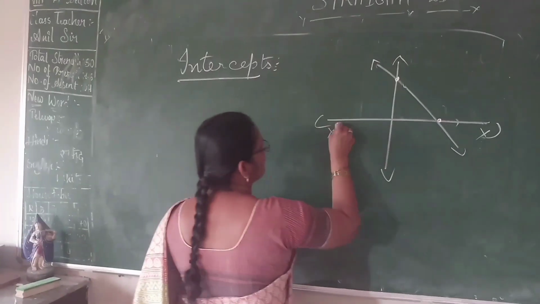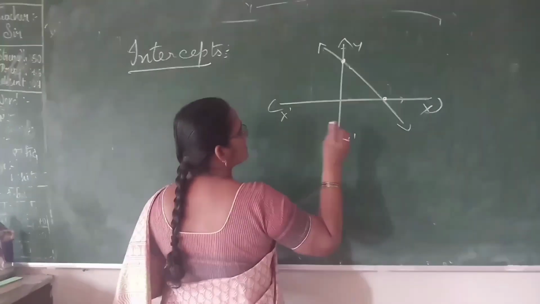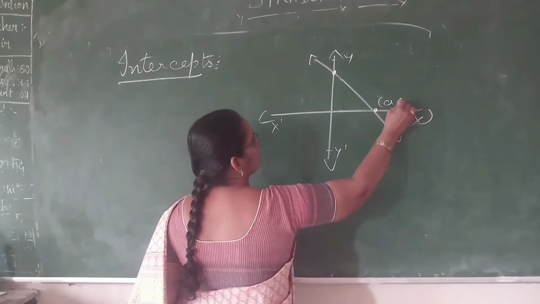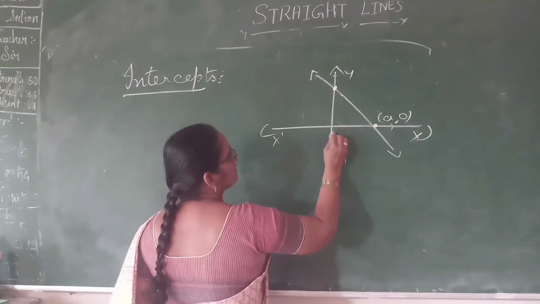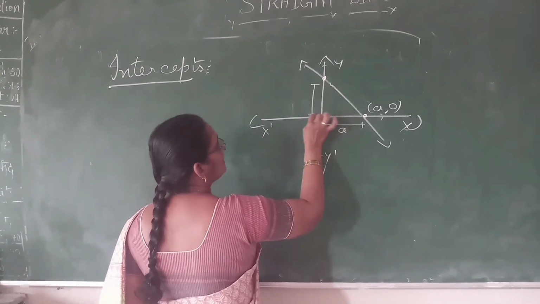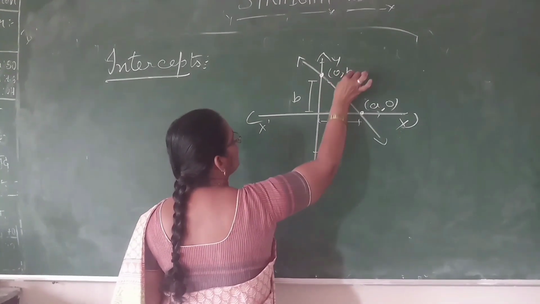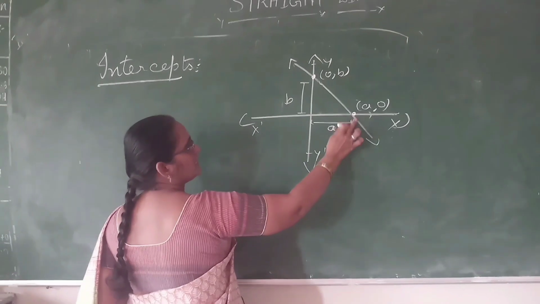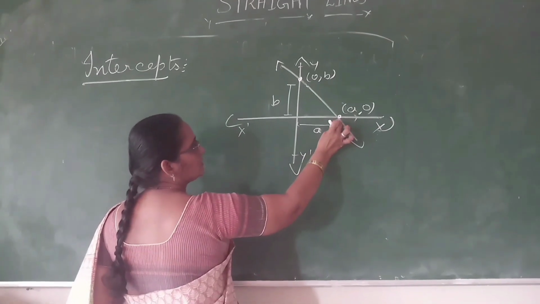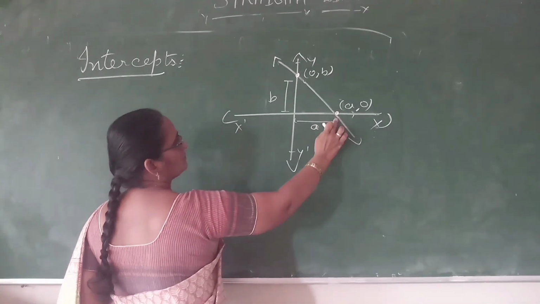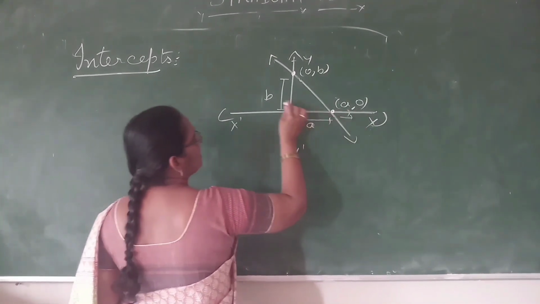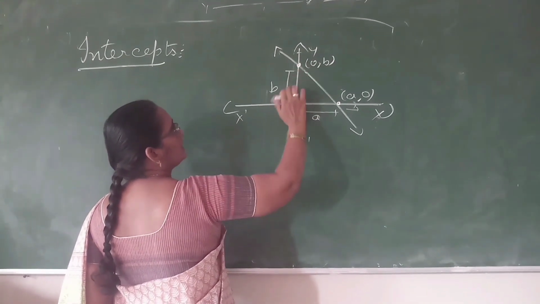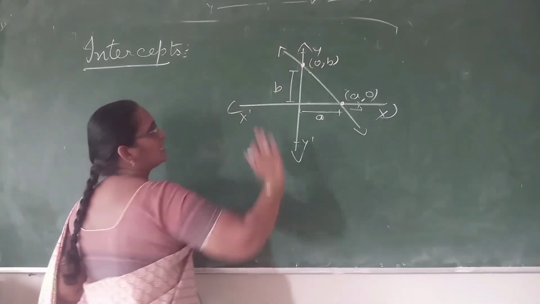This is the x-axis, this is the y-axis. Here it is at a distance of a units, that means a comma 0, and here b units, so 0 comma b. This particular straight line is intersecting the x-axis at a distance of a units, so this part is called the x-intercept. And on the y-axis it is cutting at a distance of b units, so this is called the y-intercept.